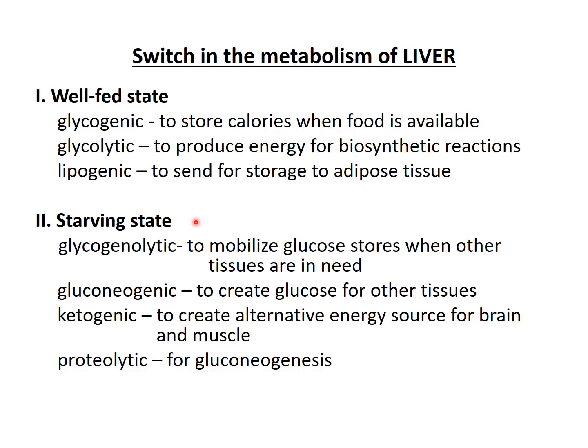The starving state is independent of which stage we are talking about. Insulin is not signaling anymore, glucagon and epinephrine are. So the liver switches to glycogenolysis to produce glucose, gluconeogenesis to produce glucose, later on ketogenesis to produce ketone bodies, and proteolysis to use those amino acids for gluconeogenesis.